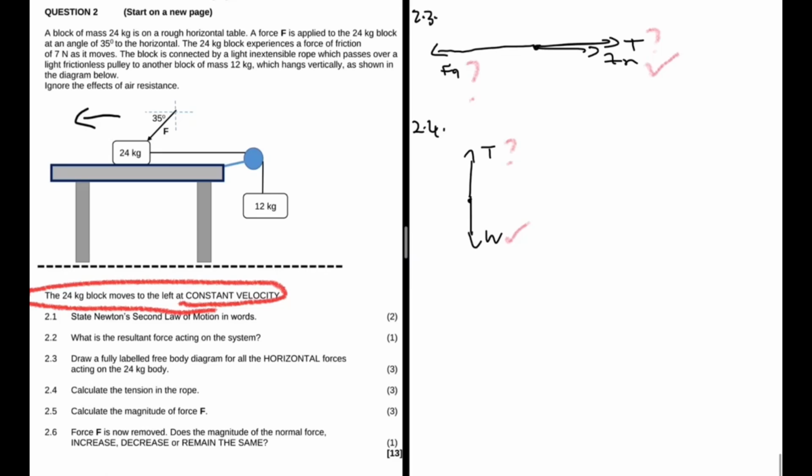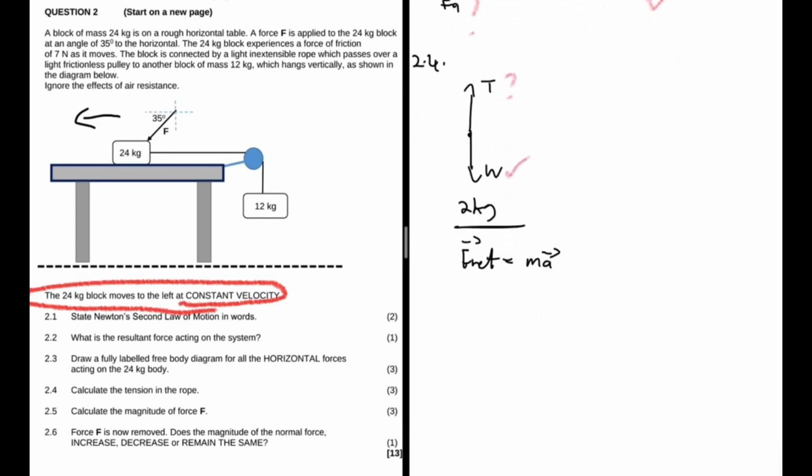So for the 12 kg block, we have F net equals to the mass multiplied by the acceleration. So it's just two forces, the weight minus the tension is equal to ma. These two forces are said to be equal, right?